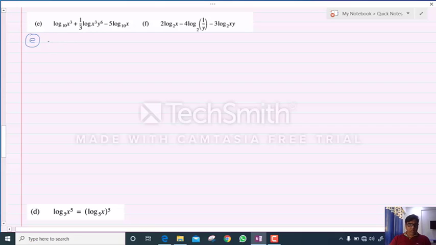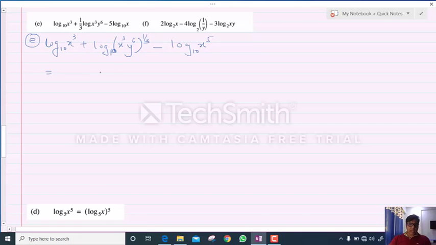I start. I'll first simplify the part: log x cube plus log of (x cube y raised to 6) the whole raised to 1 by 3, minus log of x raised to 5. I hope that is understood, because if you have a multiple here, that goes up in logarithm to simplify the thing. All the bases are 10, so I can just multiply them.